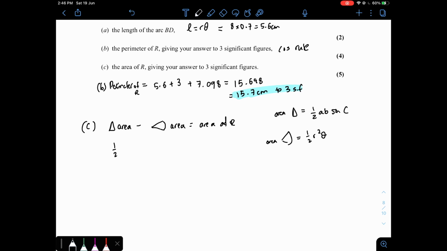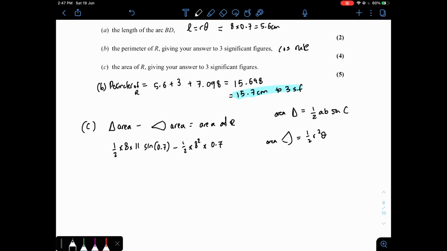So in this case, that will be half times 8 times 11 times sine of 0.7, take away half times 8 squared times 0.7.